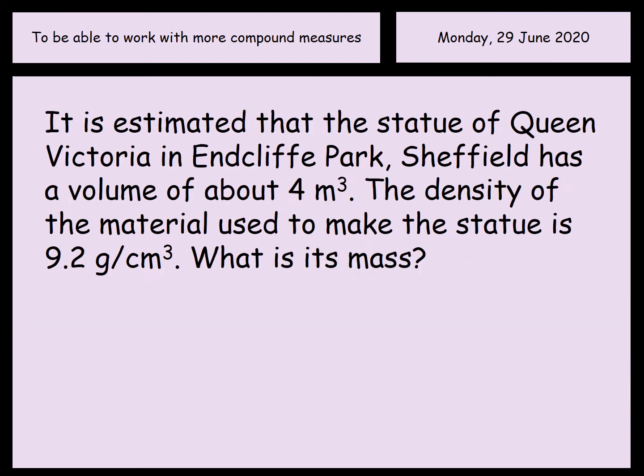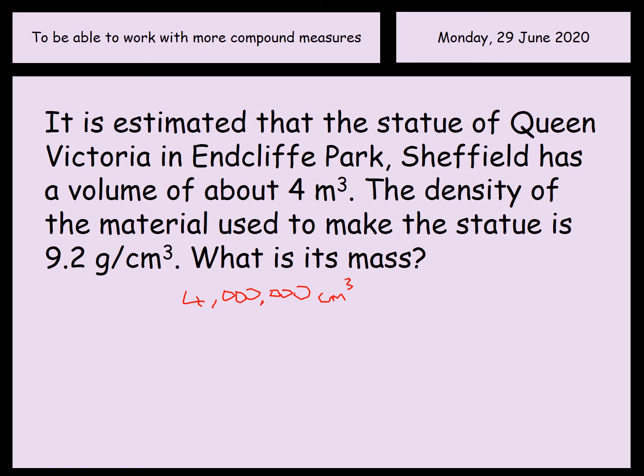Next one, we've got an estimate of a statue in Sheffield has a volume of 4 meters cubed. The density of the material used to make the statue is 9.2. What's its mass? So again, this is 4 meters cubed or 4,000,000 centimeters cubed.